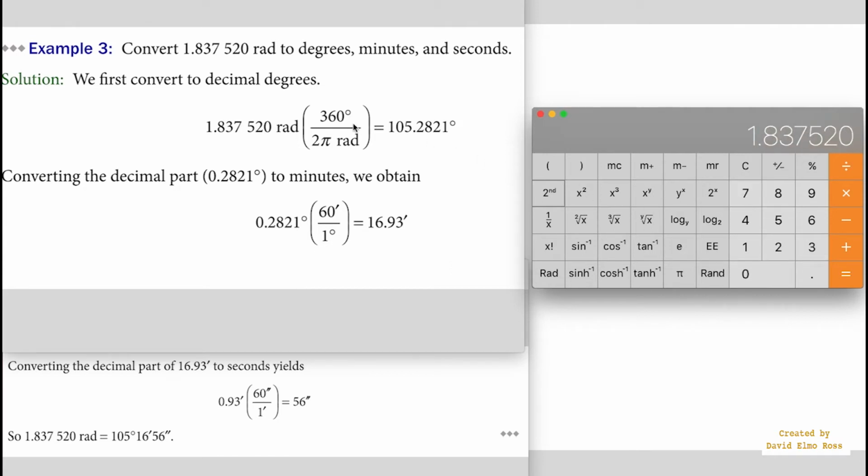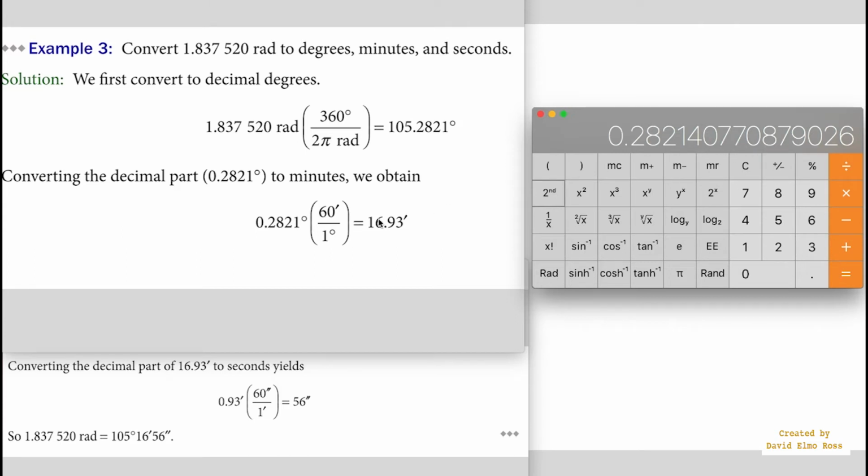And what we have to do is multiply it by 360 and divide it by 2 and divide it by pi to get this in degrees, which is 105.2821 roughly here. Now if you remember, our degrees are going to be 105. So let's subtract the 105, and we're left with this number here.